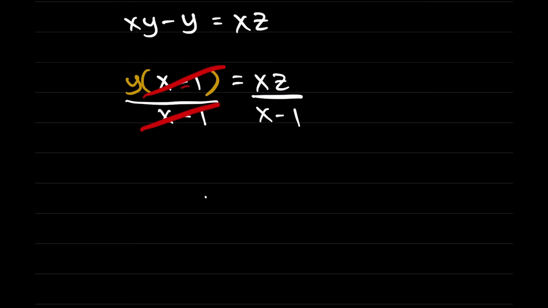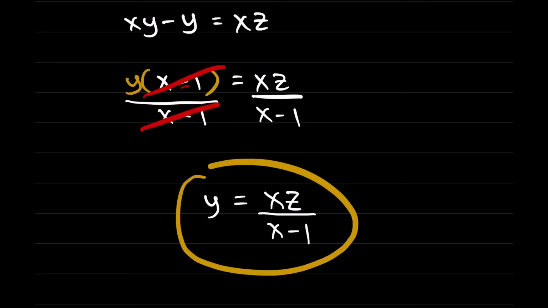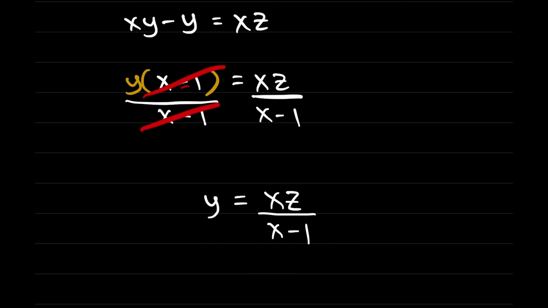On the right-hand side, you have xz over x minus 1. And that is the final answer for our third and last question of this video.